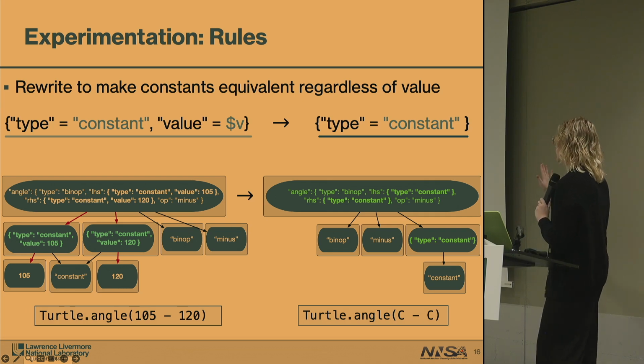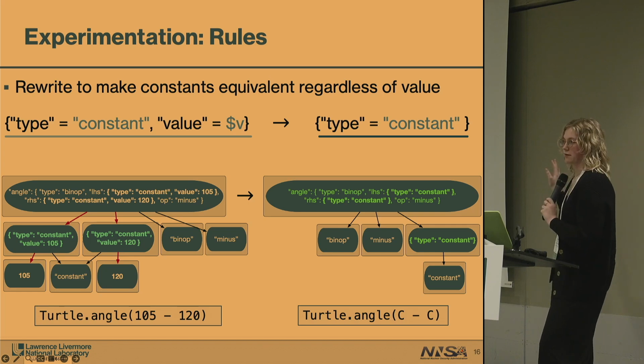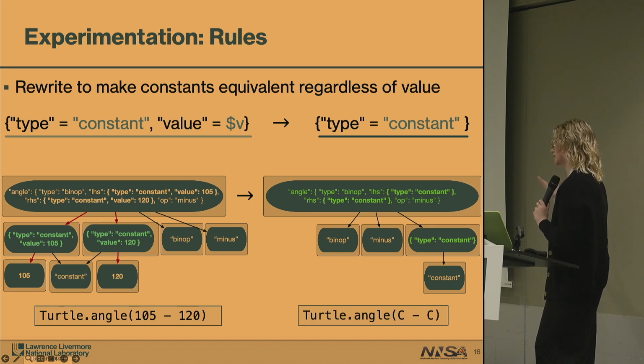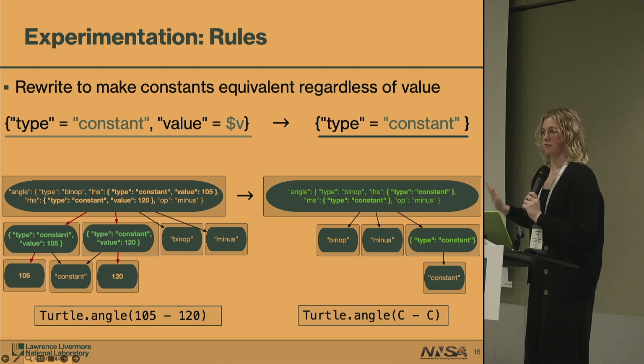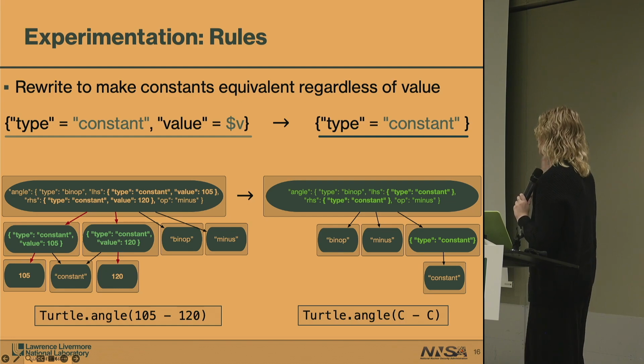So after that's applied, we get this graph like the one on the right. So of course, we've added type constant to the eGraph. The parent term has also changed because it contained that subterm. So again, no reference to the values of the constant, just type constant. And of course, constant has not been removed from the eGraph. We've maintained the integrity of the rest of the eGraph independent of the rewrite.